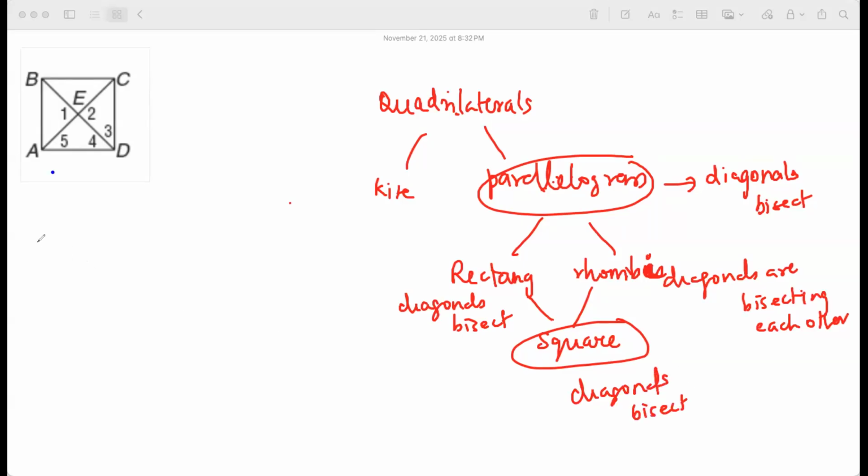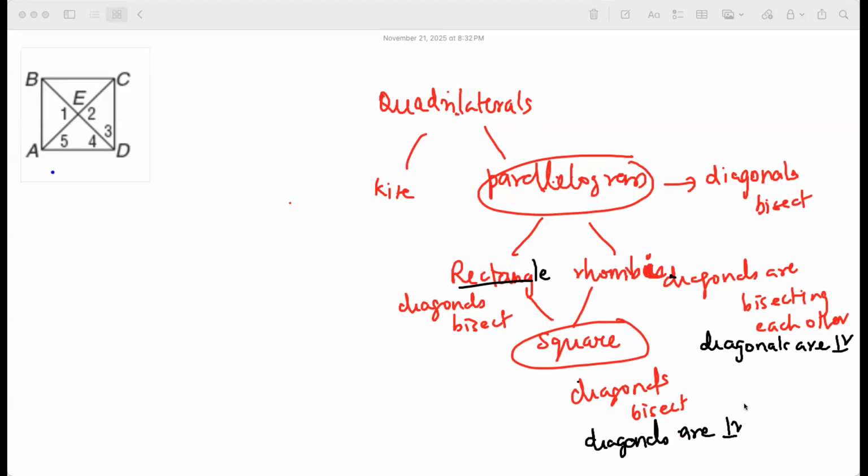However, the children, the rectangle and the rhombi, can have their unique properties. In a rhombus, diagonals are perpendicular to each other. Because a rhombus has that, a square will definitely inherit it, because the square is the youngest child of the family. Diagonals being perpendicular will be inherited.